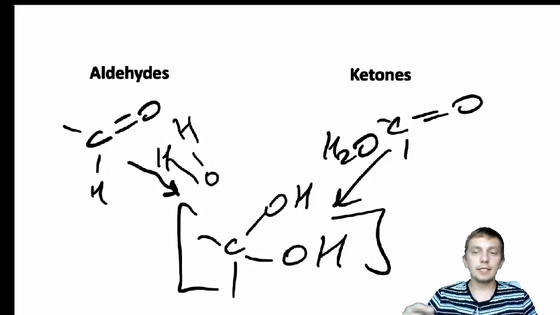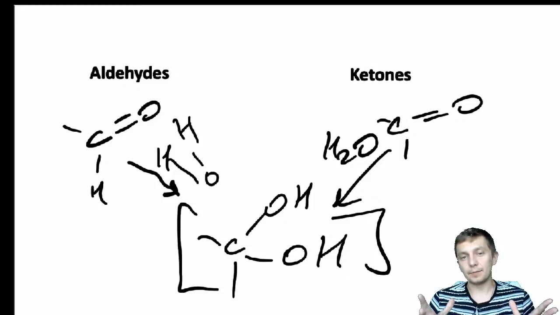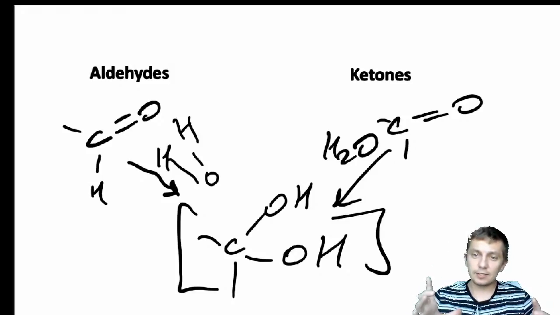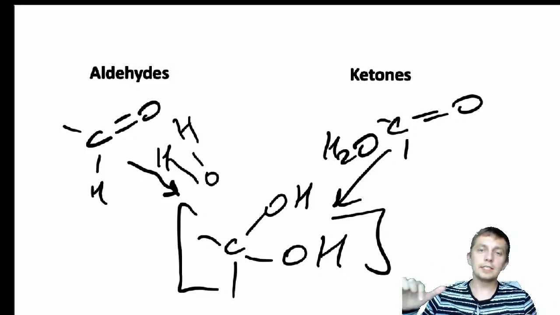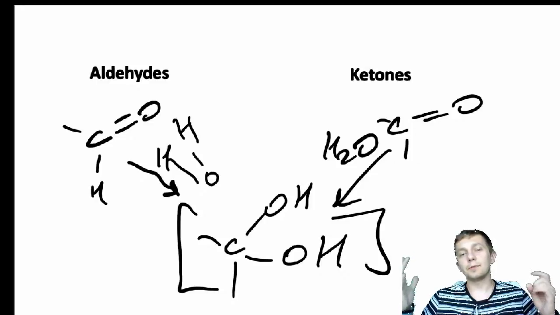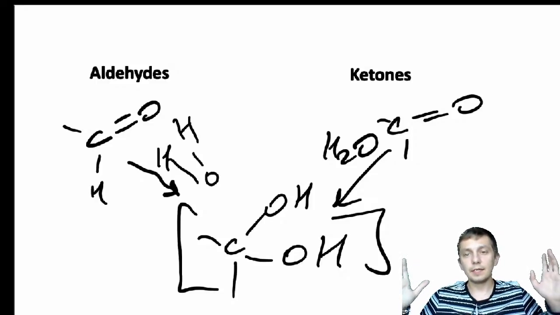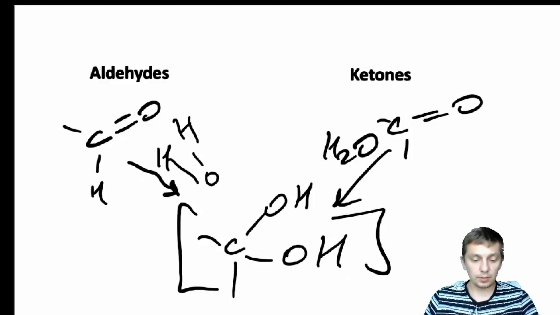The square brackets literally mean it's something not very stable. But even if it's not stable, through these particles you can get quite stable products.